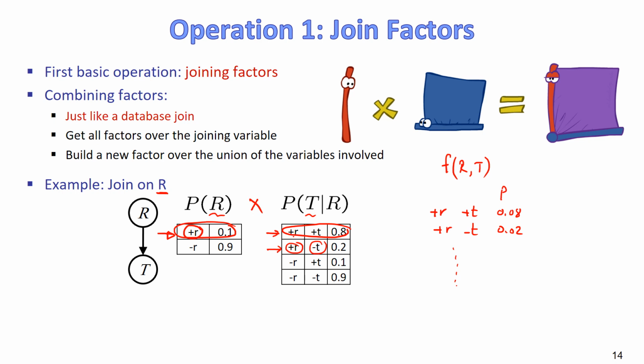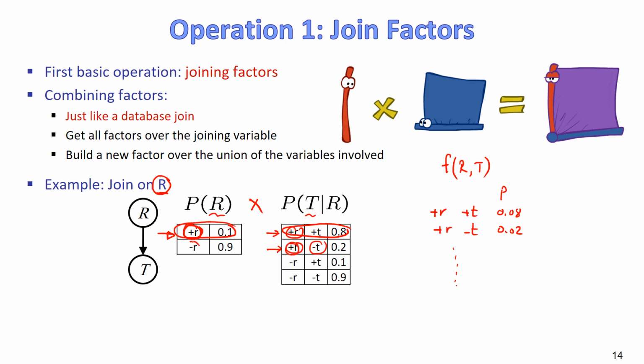You match together, or you multiply the probabilities of the rows that have common values of the joining variable. So here we join on R, so we'll find this is plus R and these are plus R, so we multiply the probabilities.